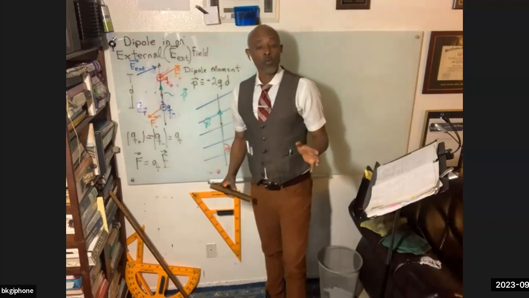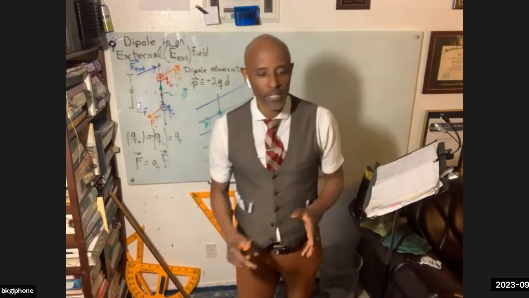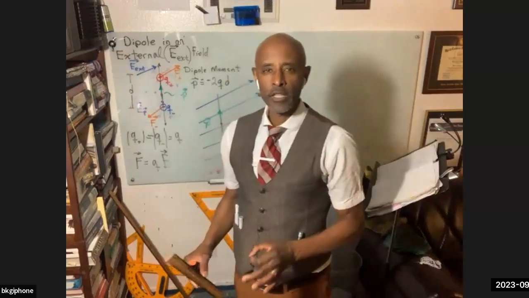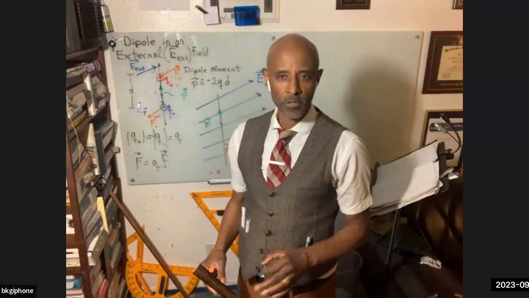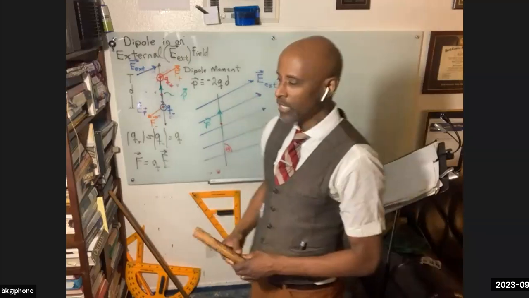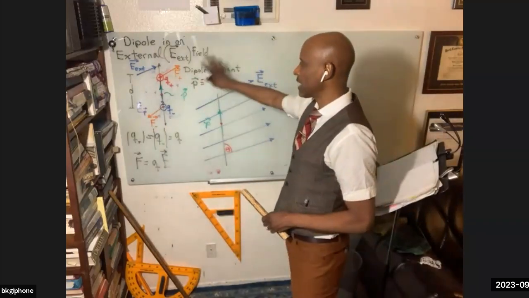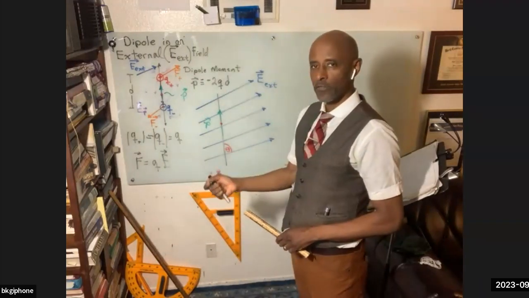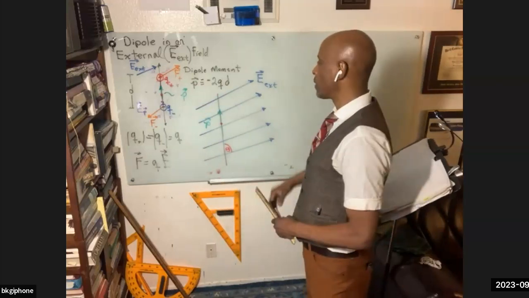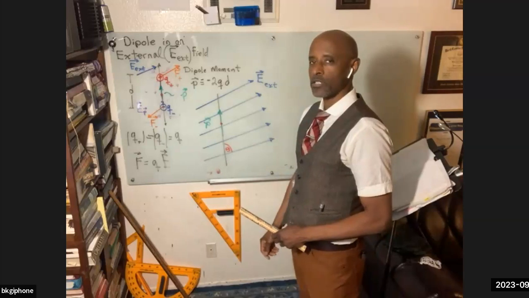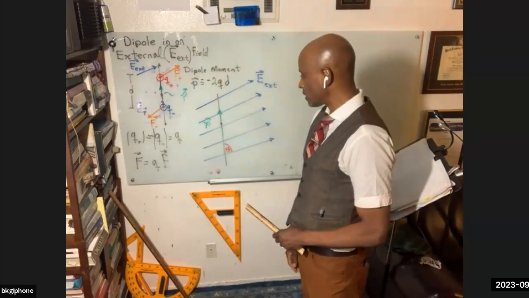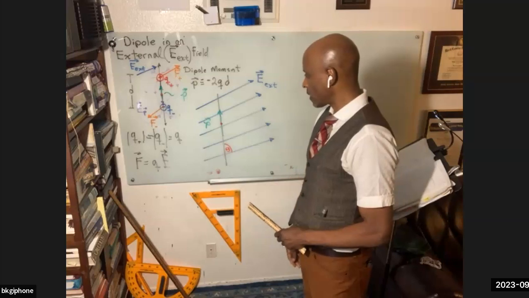We know that if a force gives rise to a linear acceleration, then a torque gives rise to an angular acceleration. So by placing this dipole moment in an external electric field, pinning the dipole at the center and allowing it to swivel, when I turn on this field, I cause the dipole moment to swivel and pivot around.